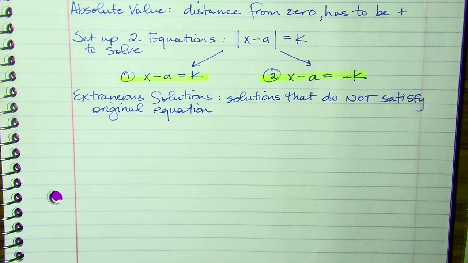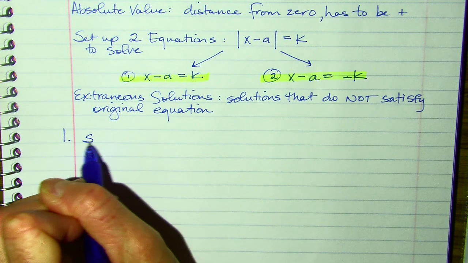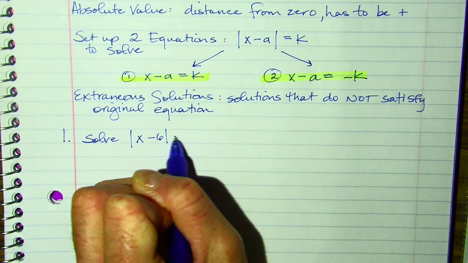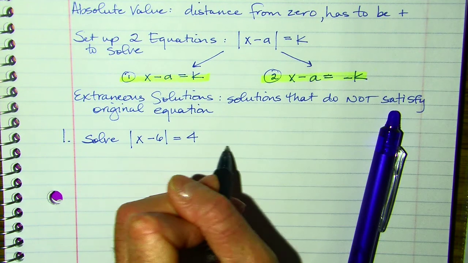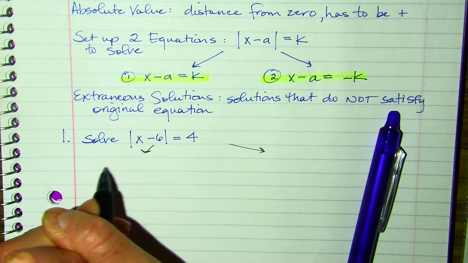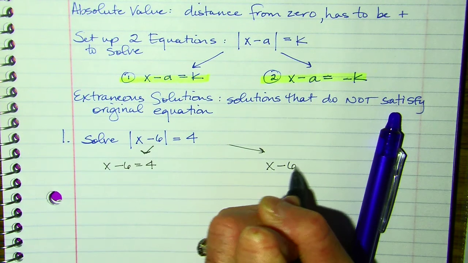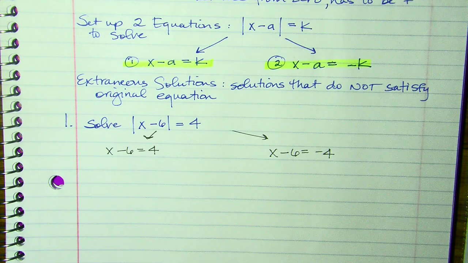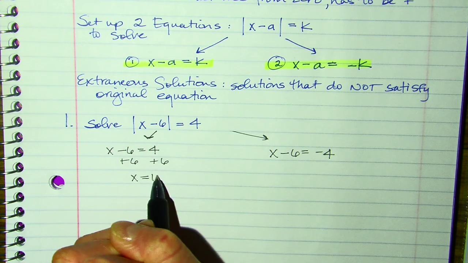So here we go. We're going to jump in. We're going to do a couple examples. So solve the absolute value of x minus 6 equals 4. The first thing I'm going to do is set up my two equations. So x minus 6 equals 4, and x minus 6 equals a negative 4. And then we'll solve for both. So the first one, I would add 6 to both sides. x equals 10.